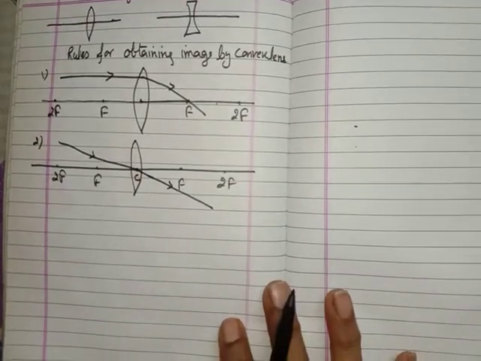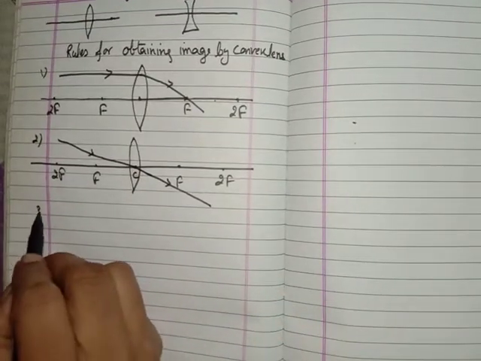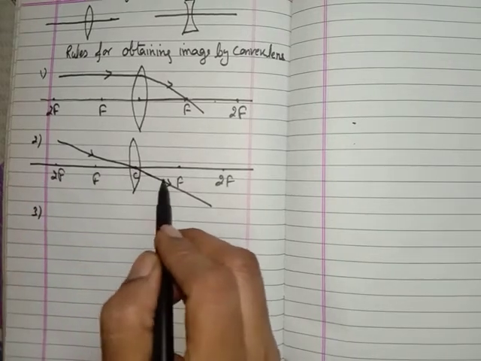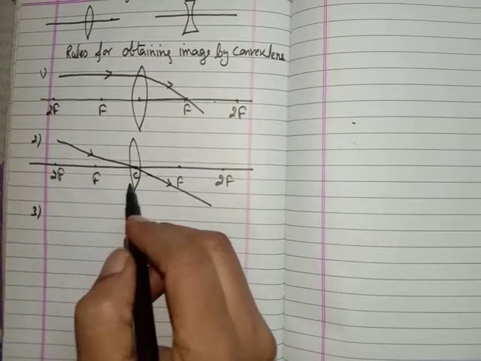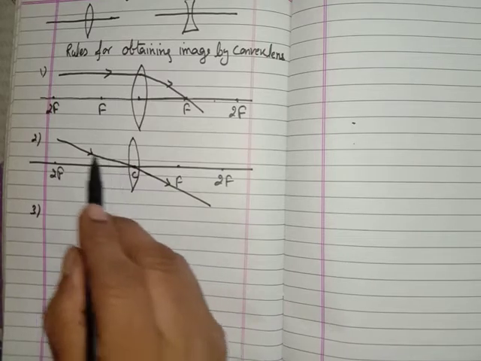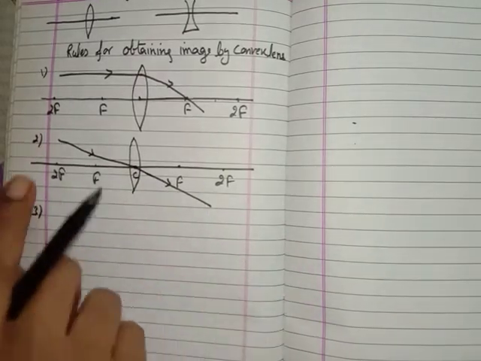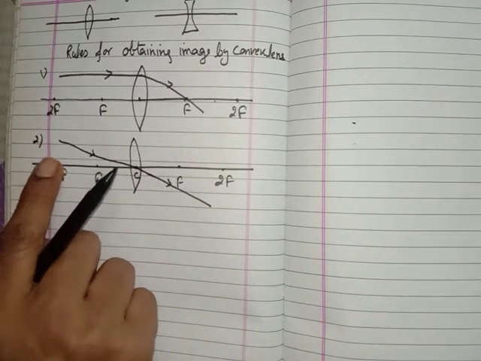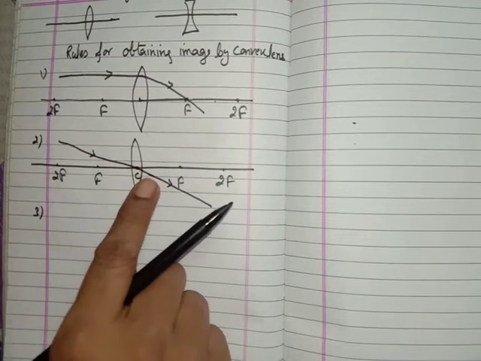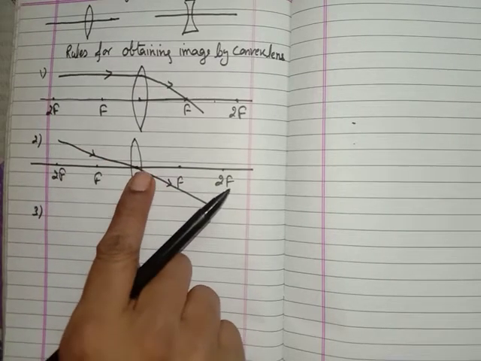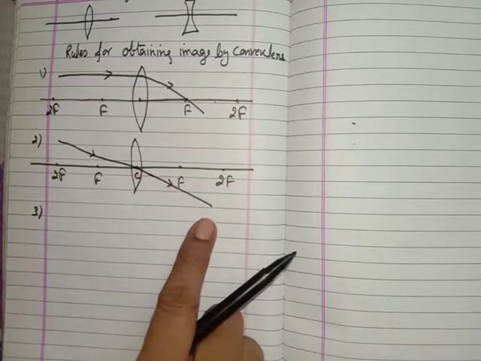I think you should answer me, why does this light ray not deviate when it passes through the optical center? So this is a question for you. Okay, this is the second rule. When the light ray passes through the optical center, it goes straight after refraction through the lens.